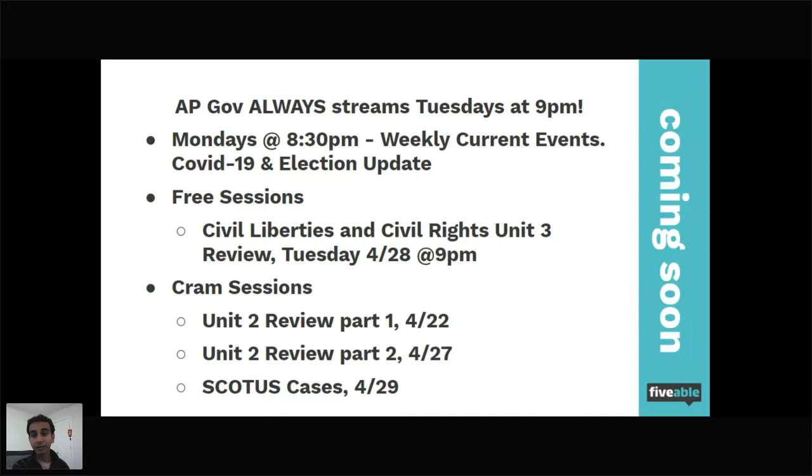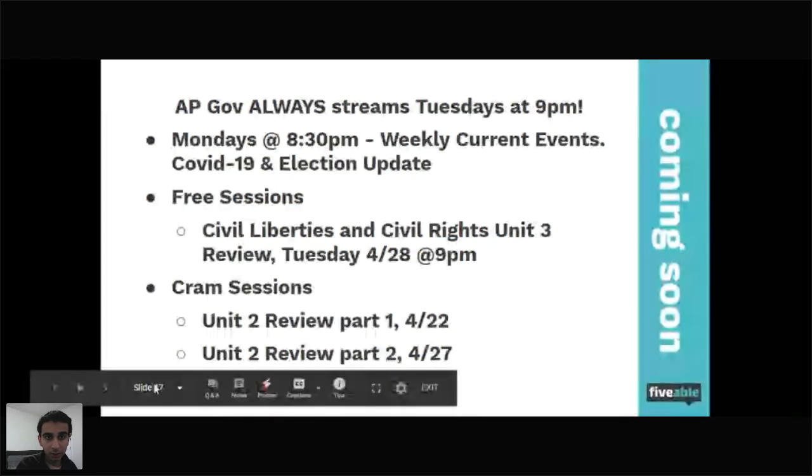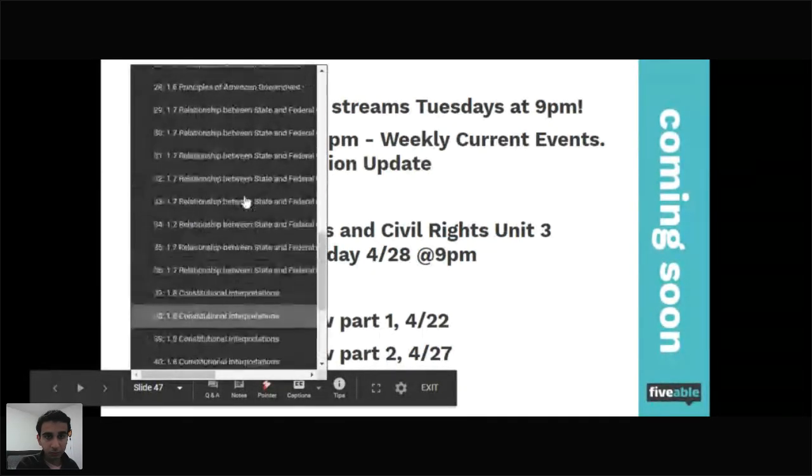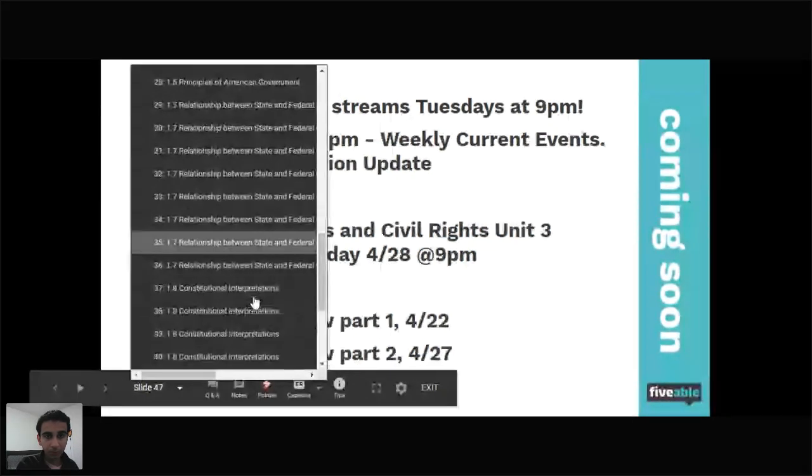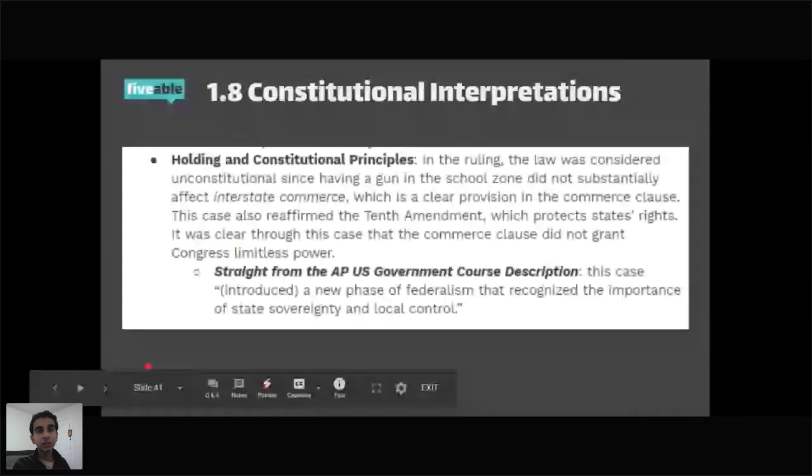Again, does anyone else have any other questions in terms of AP Gov, Unit 1, anything like that? In the United States versus Lopez, what the court ruled. So if we go back to this slide. All right, so this is a ruling in terms of U.S. versus Lopez.